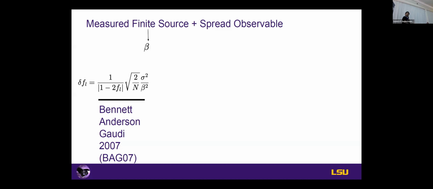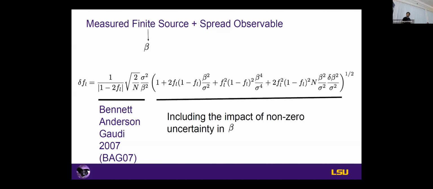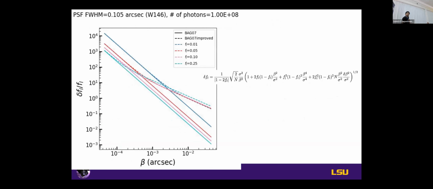What we did is include the uncertainty in the angular separation that will come from the finite source, and the full expression becomes like this. There are other terms which are higher order compared to this, but there is this last term which depends on how accurately you get the angular separation from the finite source effect.